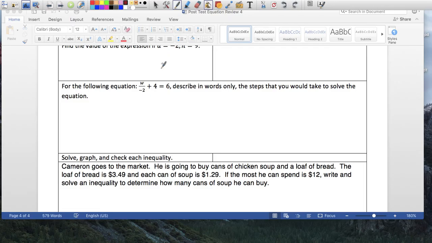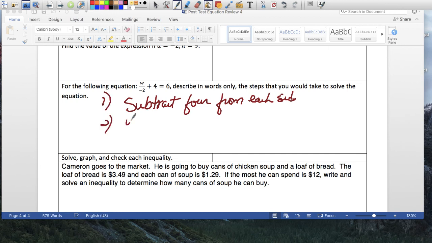Describe in words the steps you would take. So I would subtract 4 from each side. That would give me w over negative 2 equals 2.